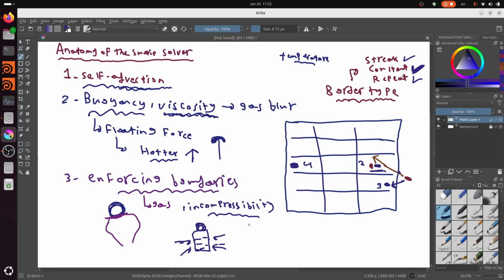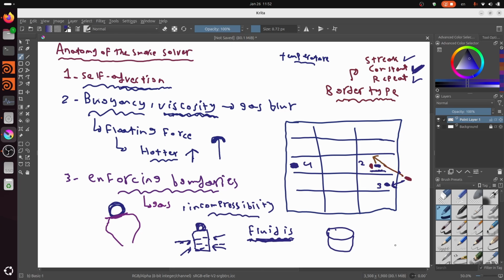And what a fluid is, a fluid is something that takes the shape of the container. So when you put some water in a pot like this, it takes the shape of the pot.